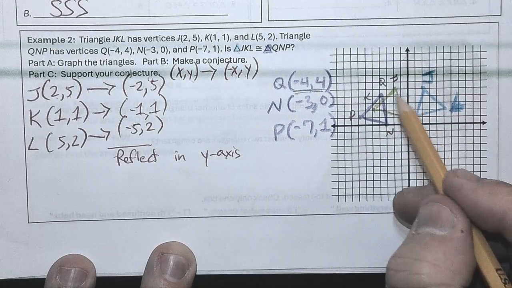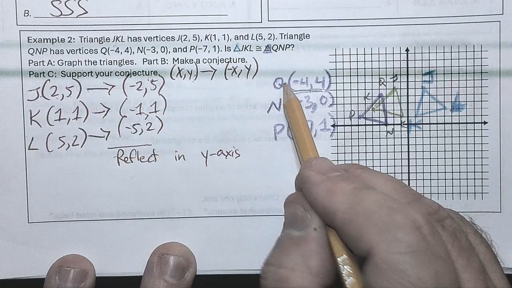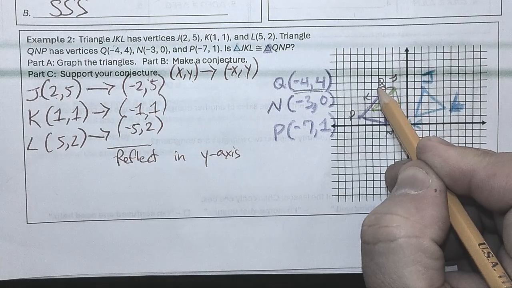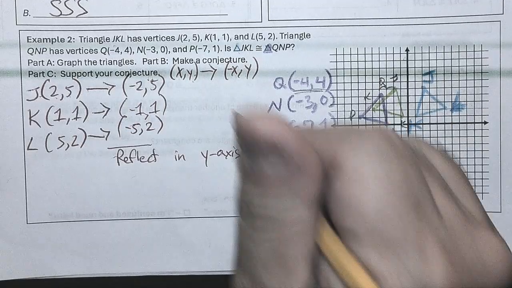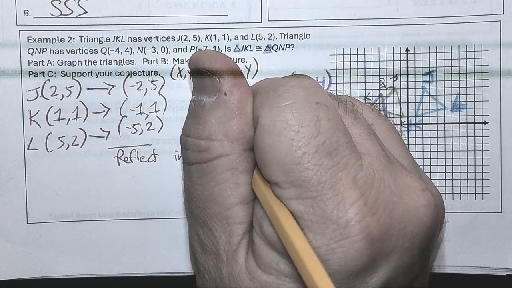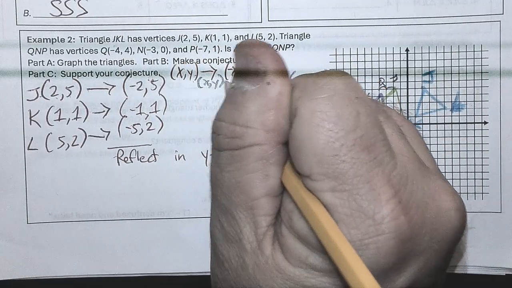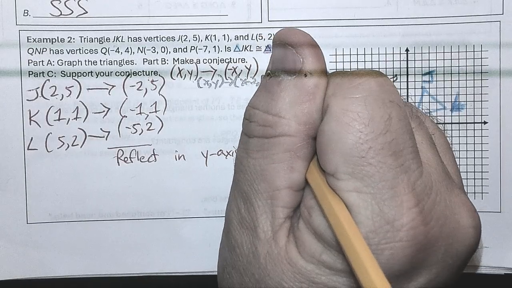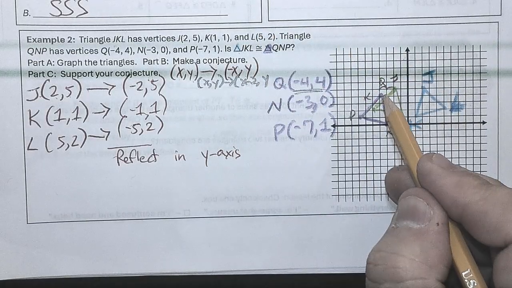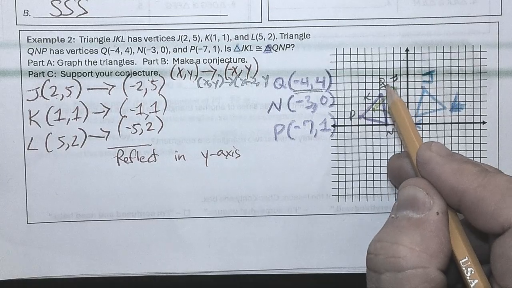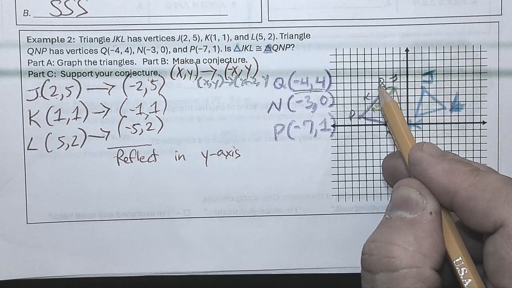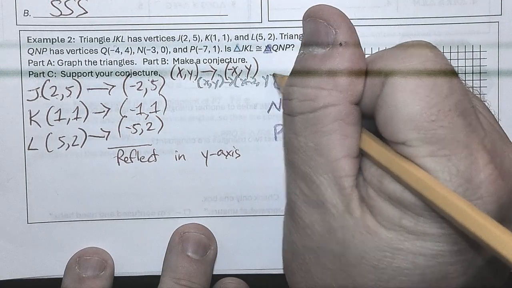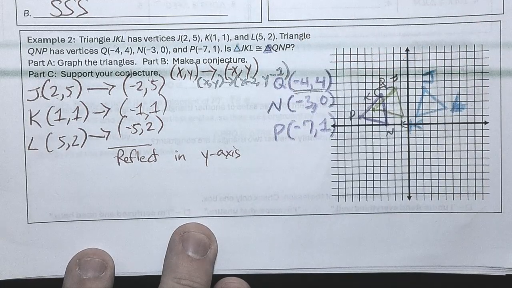It's P. So from J to Q, so yeah, negative 1, negative 2. So in this case, it's x comma y becomes x minus 2, y minus 1. X went over 2, y went down 1. Sorry, this is getting a little messy.